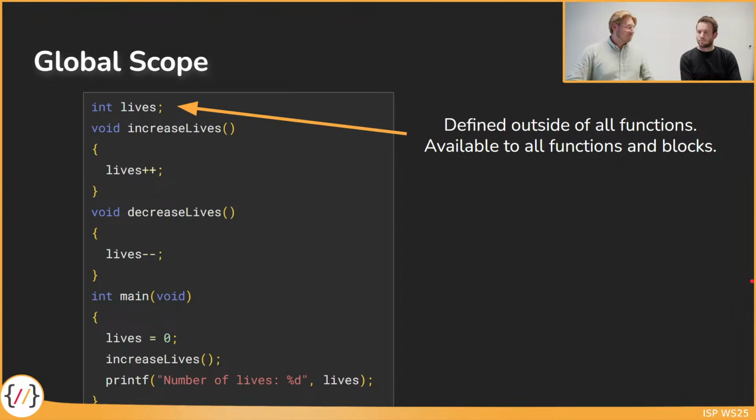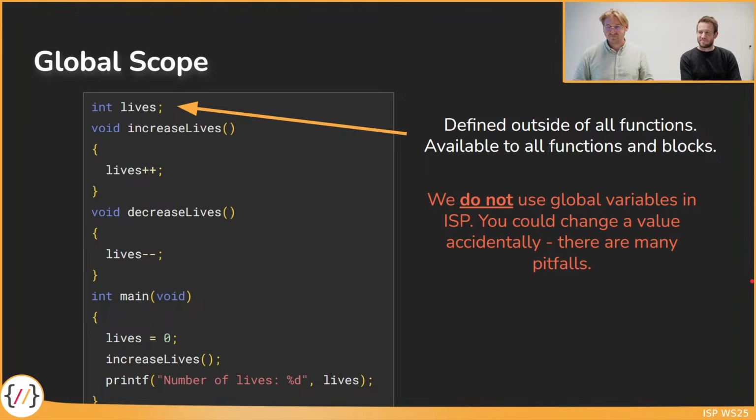We just briefly talk about global scope and global variables because we don't want you to use them in ISP. This has several reasons, but the main reason is that you can change the value of a global variable by accident, for example, and then the rest of your program doesn't work anymore.